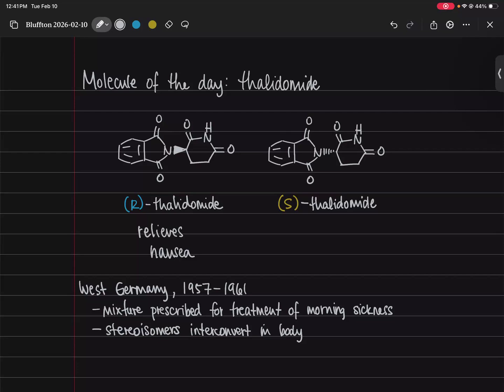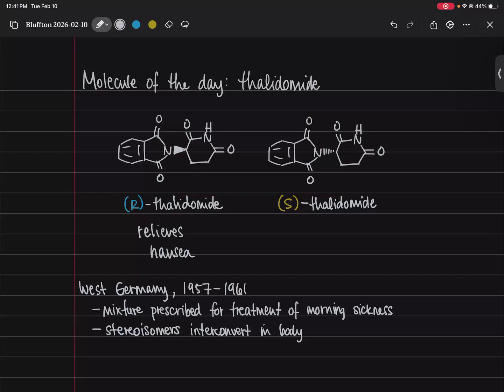And you can't isolate just one of the two because they go back and forth between each other in the human body. That's not super normal for two compounds like this, but it has to do with some acid-base chemistry, essentially. They can interconvert.